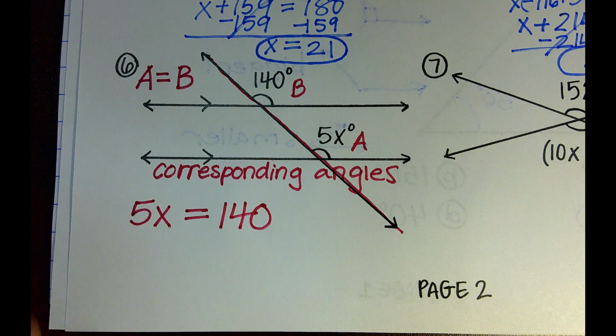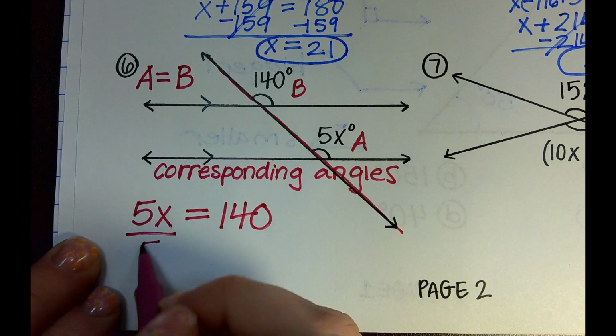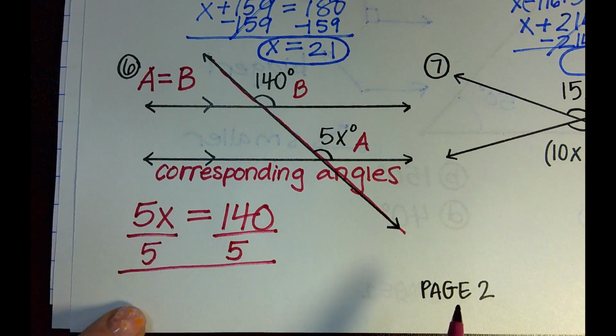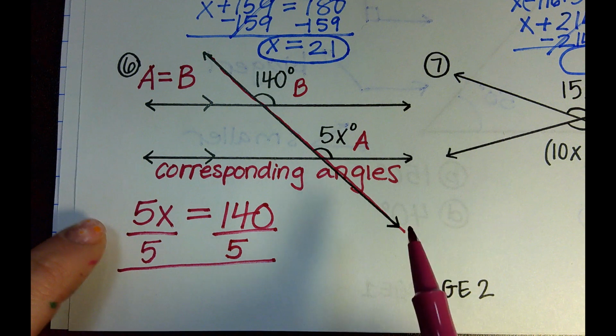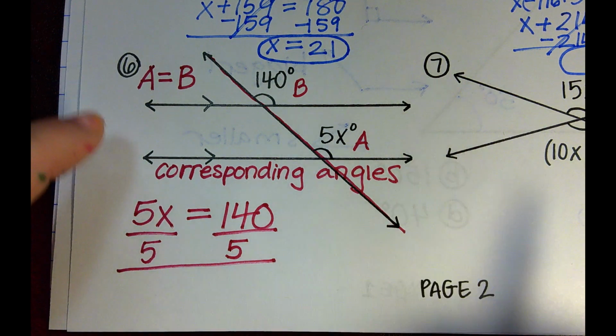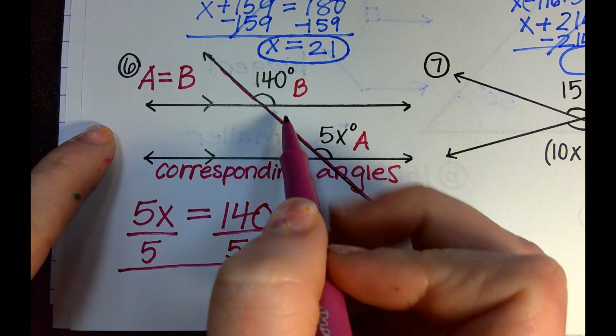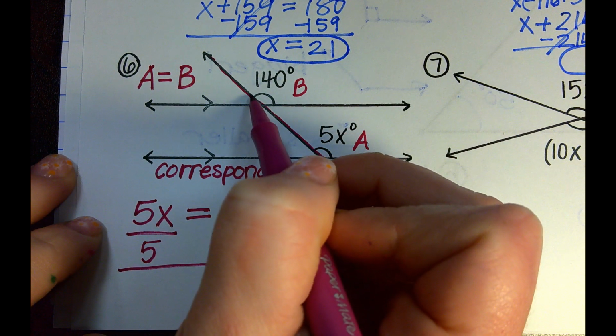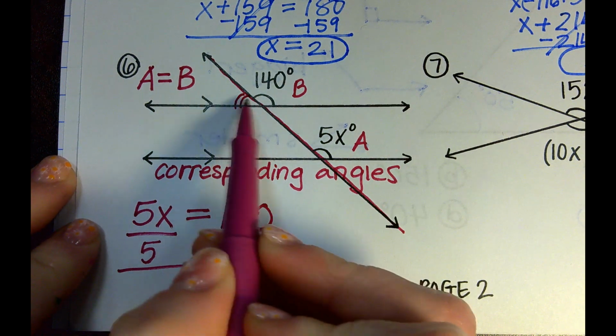That's all we do. We just divide by 5. It's tricky. Before we solve this, if you wanted an angle that added up to 180, you could use whatever this angle is.